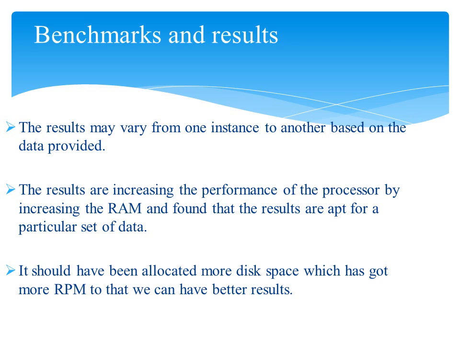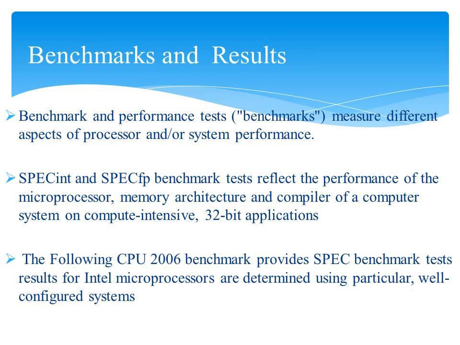We found that the results are best for a set of resources. The results get better on increasing the RAM of the processor. In most instances, the results are good with the ReiserFS file system. It should be provided with a larger memory disk subsystem which has a great RPM for good results.